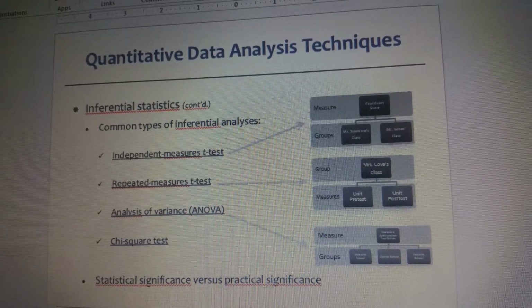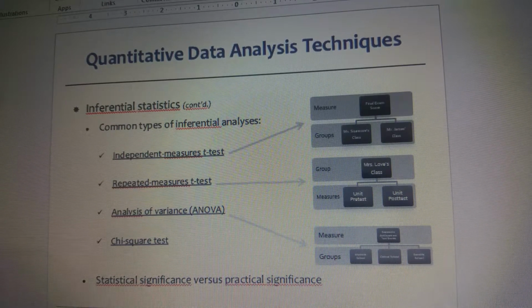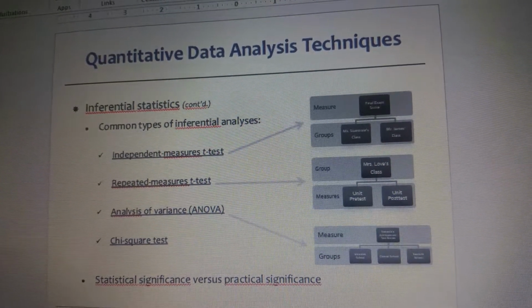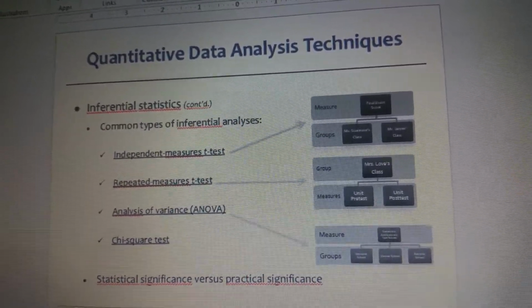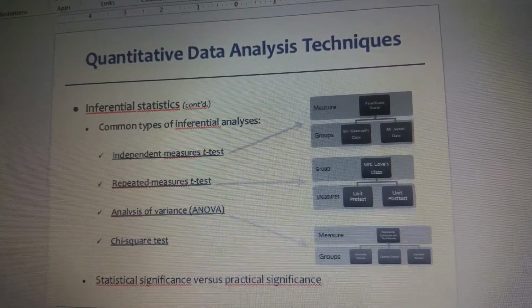variables or continuous data. If we have categorical data or nominal data, we use the chi-square test. So it tells me if there is a significant difference between two groups. For example, I want to see if there is a relationship or a significant difference between being male or female and your major.